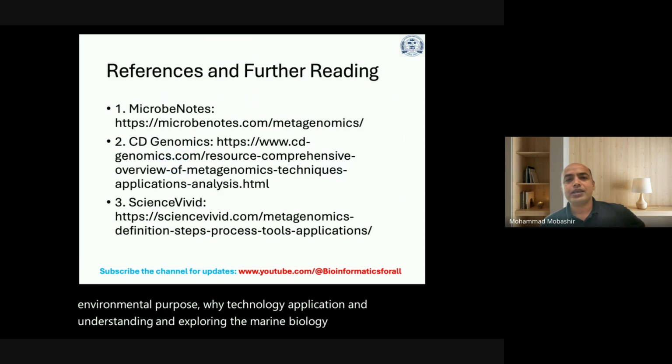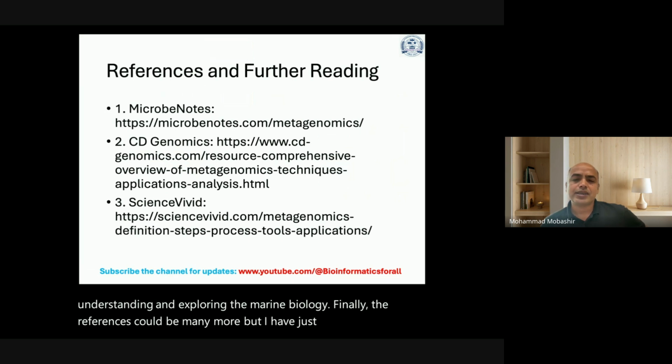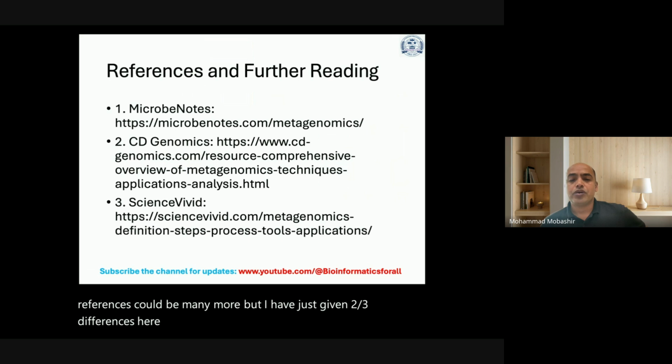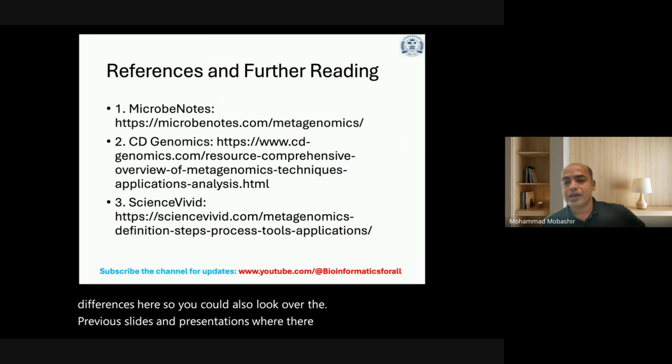Finally, the references could be many more, but I have just given 2 or 3 references here. You could also look over the previous slides and presentations, where there are some more related topics, and that is always worthwhile.